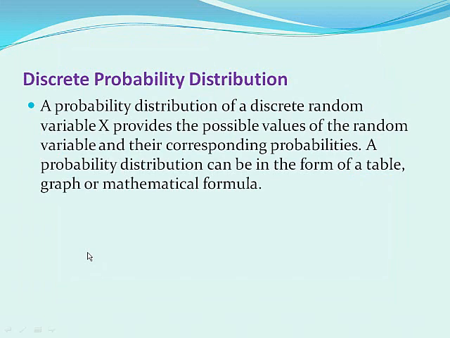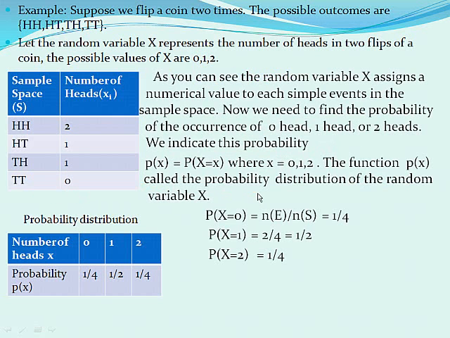Discrete probability distribution. A probability distribution of a discrete random variable x provides the possible values of the random variable and their corresponding probabilities. A probability distribution can be given in the form of a table, as a graph, or using a mathematical formula. Here is a typical example. Suppose we flip a coin 2 times.